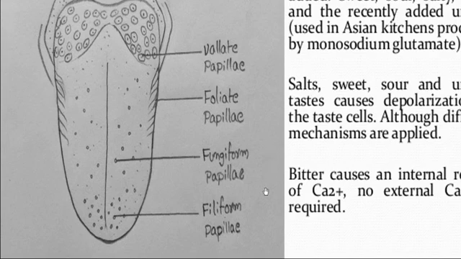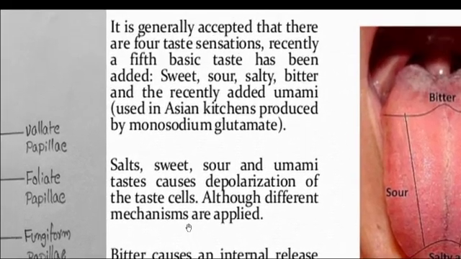All of them are papillae: filiform, fungiform, foliate, vallate. This is foliate. Folia means leaf. Fungiform is from the word fungi. While filiform is one of the smallest of those papillae. They are connected to the taste buds. Now here, it is generally accepted that there are 4 taste sensations.